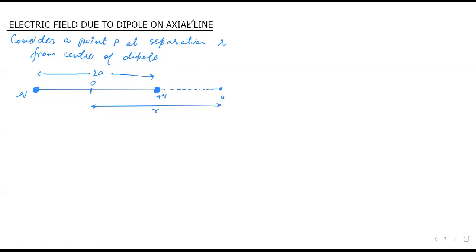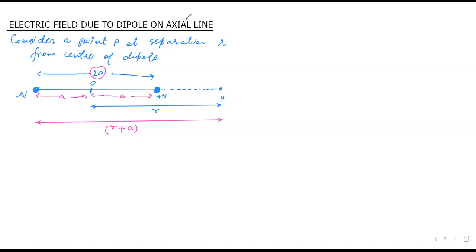Now, what will be the separation from the minus Q charge to the point P? It will be R plus A. If the total separation is 2A, then this is A, and this also is A. So the total distance between the minus Q charge and the point P will be R plus A.